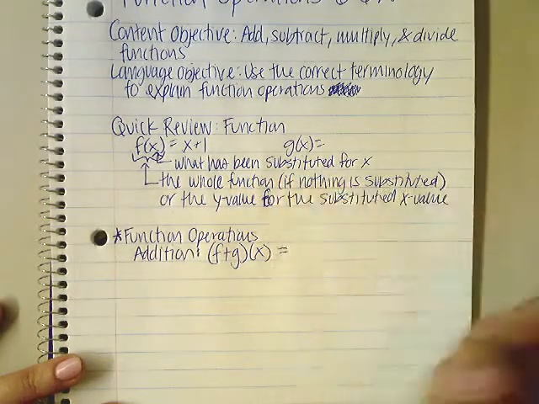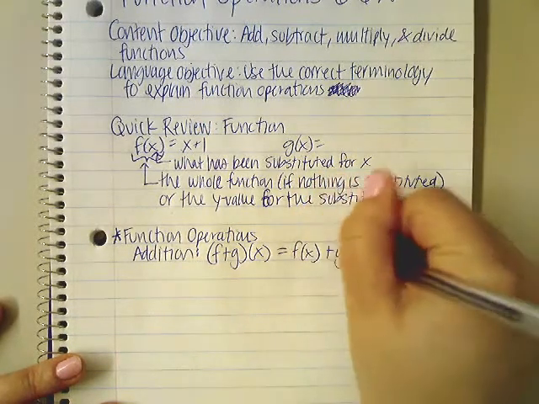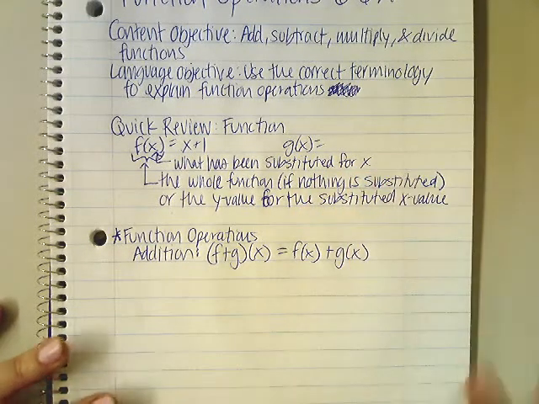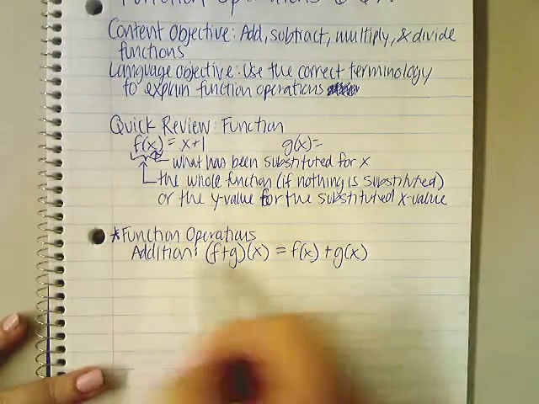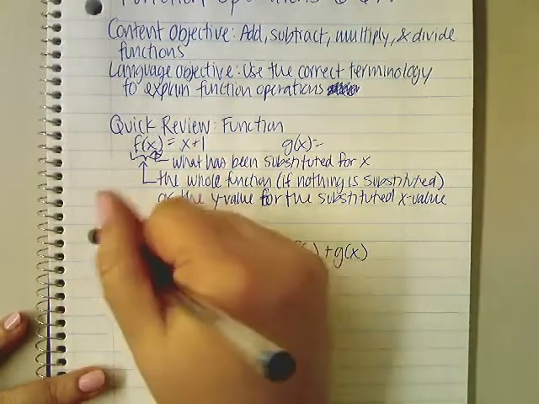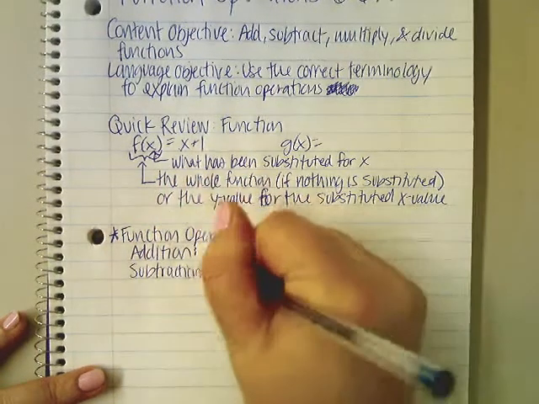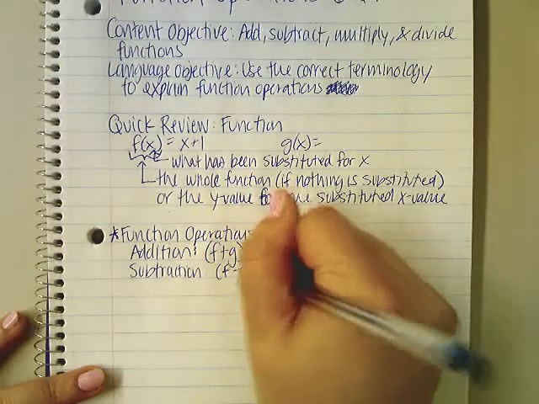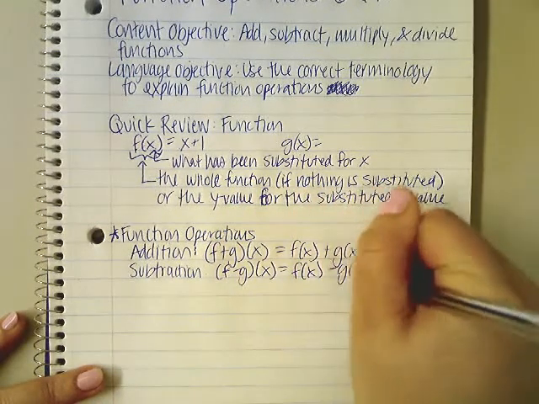And what that means is the function f of x plus the function g of x. So you just take two whole functions and add them together, combine your like terms, and that's what the addition of two functions is. Subtraction with two functions is the same thing. So it'd just be f minus g of x, and it'd be equal to the function f of x minus the function g of x.